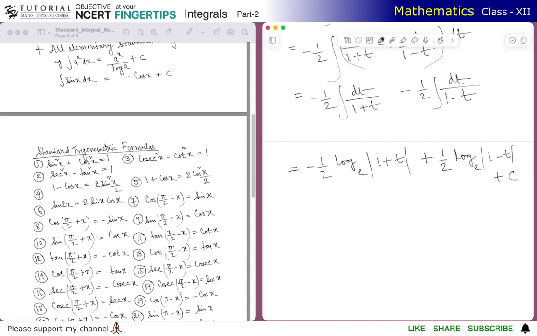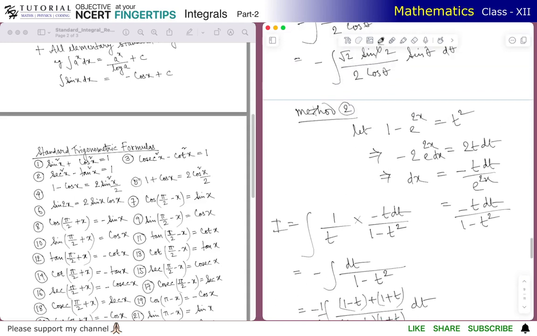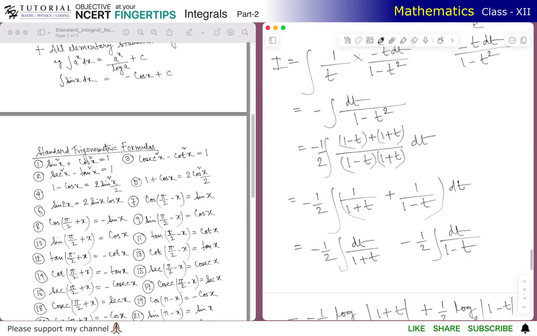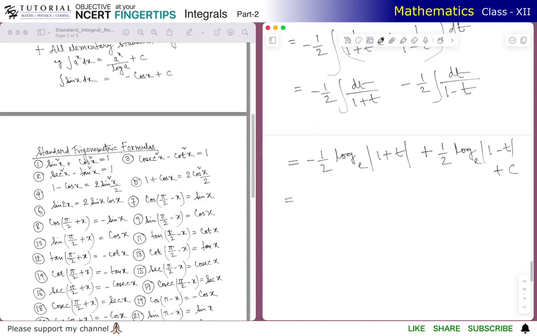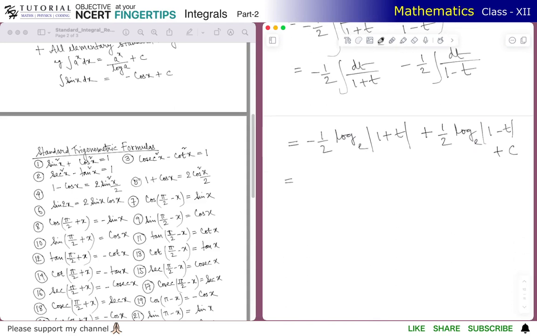So now if we substitute back, t is root over 1 minus e to the power 2x. We can merge the two log terms and say half mod of 1 minus t by 1 plus t plus c.